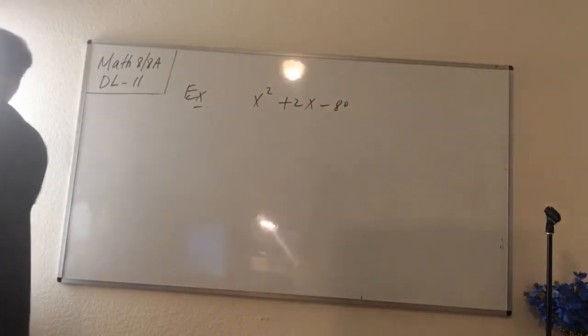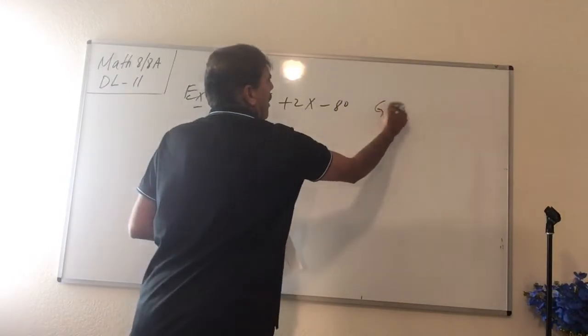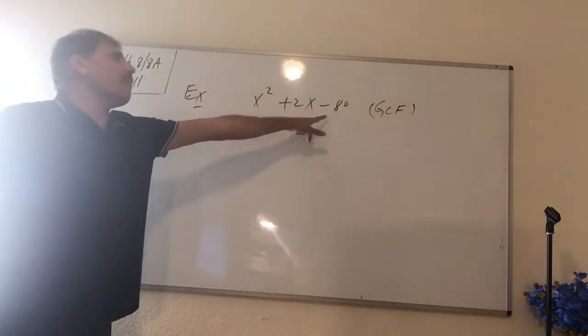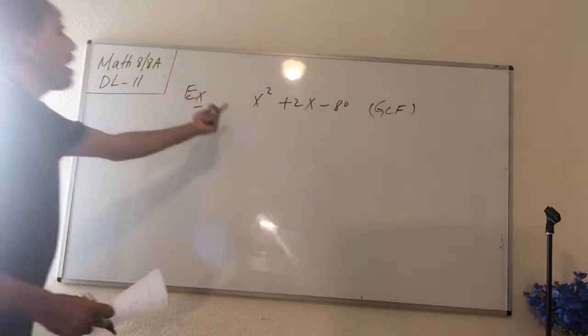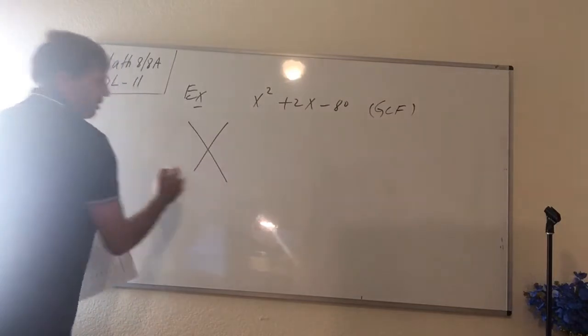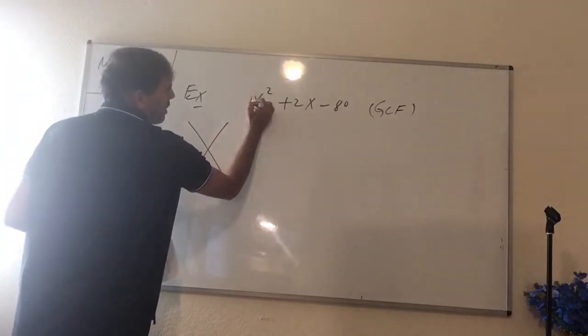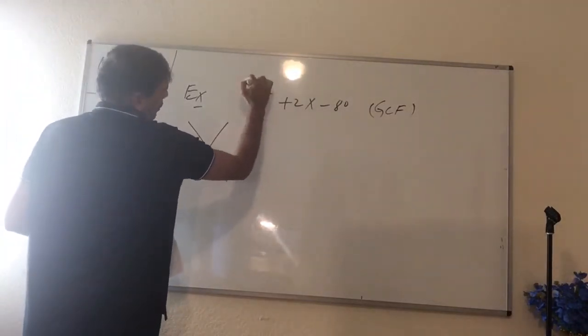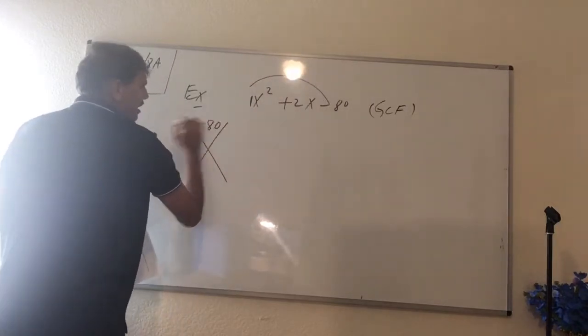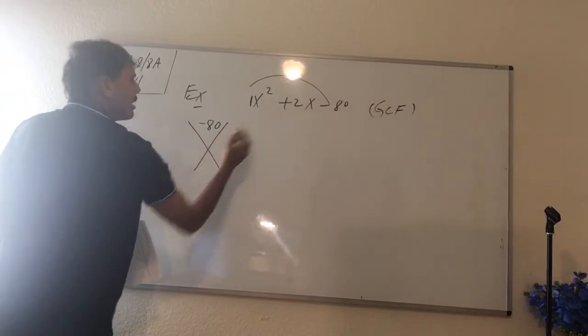Before you factor anything, you always think about the greatest common factor. In this case, there is no greatest common factor. Then, if it's a trinomial in descending order, we move to the X method. We are focusing on leading coefficient 1. So 1 times negative 80 is negative 80, and the number in the middle is 2.